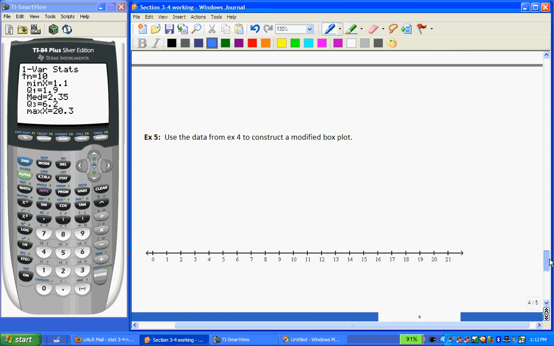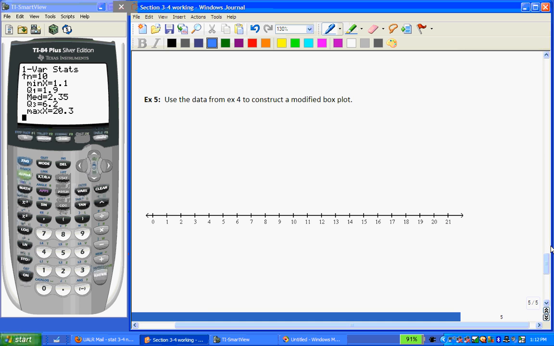Okay, so example 5, we're going to use the same information, and we're just going to show you what a modified box plot looks like. So we had a value at 1.1 was our min. Q1 was 1.9, so a smidge over 2, draw my line there. And Q3 at 6.2, there's our rectangle.